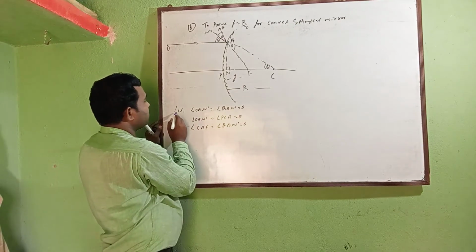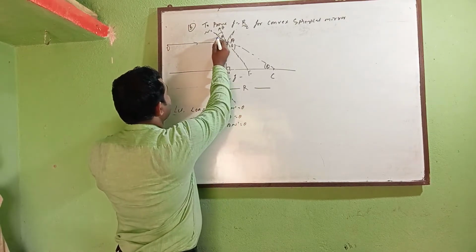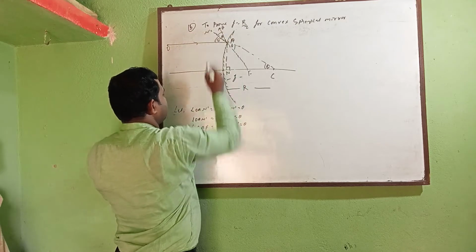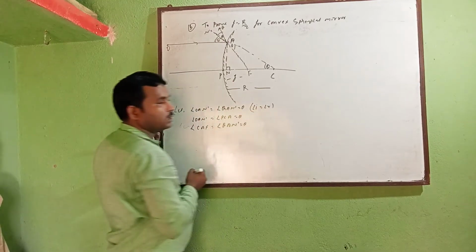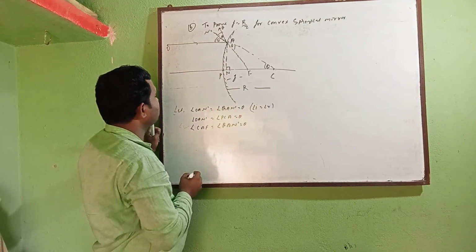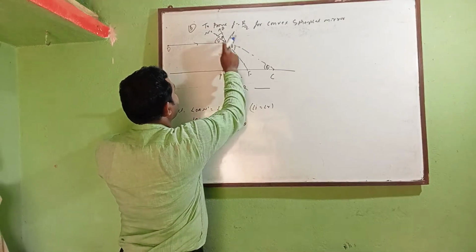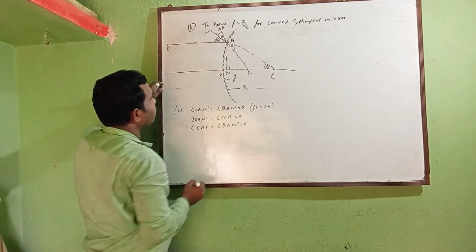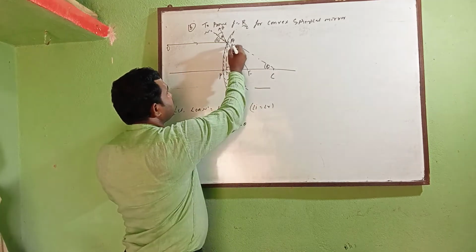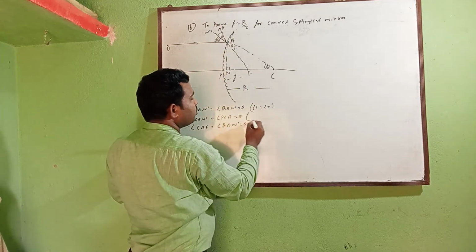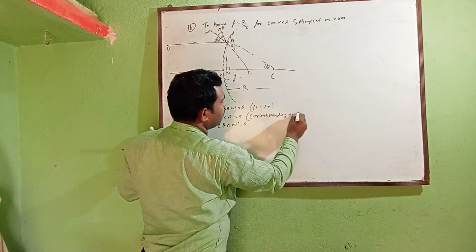So I have assumed that angle OAN dash equals angle QAN dash, because the angle of incidence equals the angle of reflection. One more thing you can see: angle OAN dash equals angle PCA, equal to theta. If this is theta, that will also be theta because of corresponding angles.